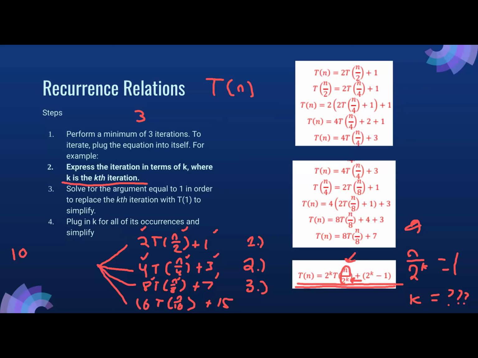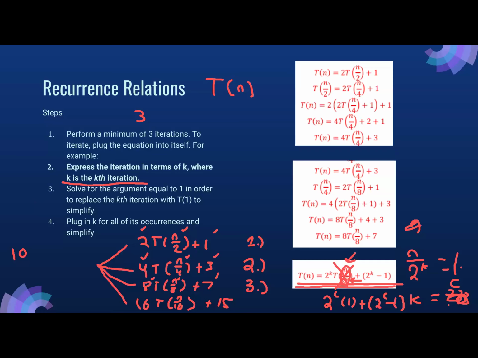Assuming that we set this equal to 1, we can replace this whole thing with the base case and make it 1. So let's call this arbitrary value c for now. This would result in 2 to the c times 1 plus 2 to the c minus 1. And then that will be in terms of n, and that will be a closed form relationship. We will not have recurrence happening over and over again.